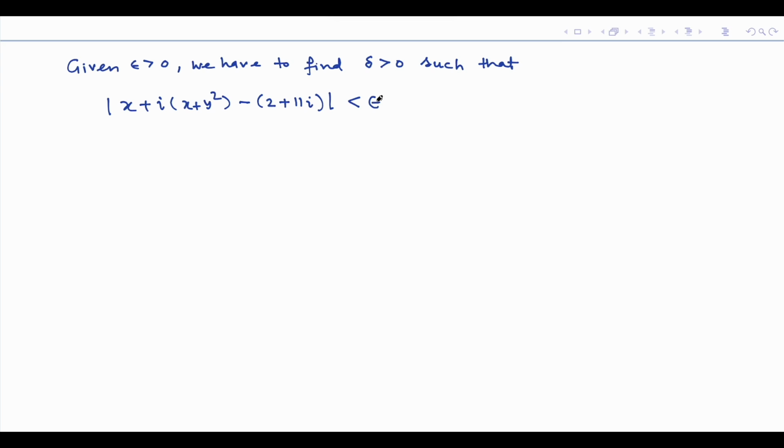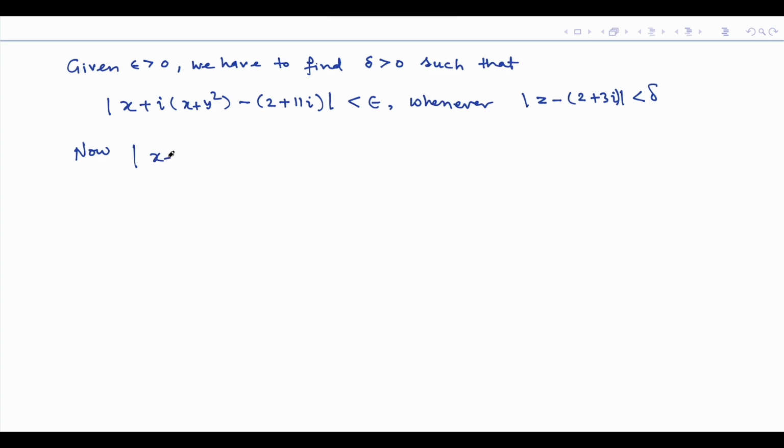This is the condition, right? And in that case, whenever mod z minus 2 plus 3i is less than delta, right? This is the condition.